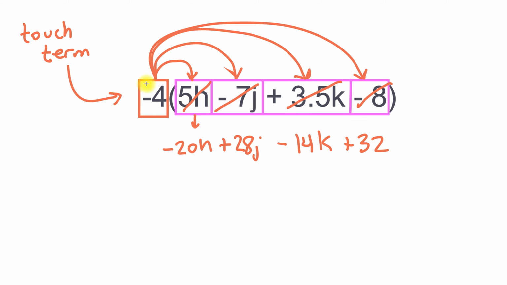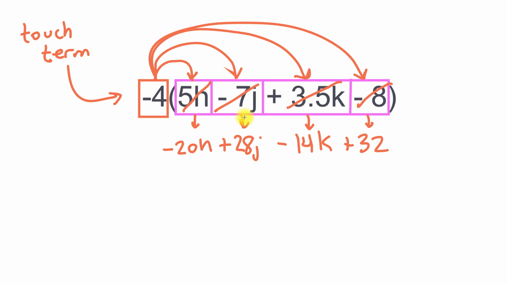We had negative 4 times negative 7j, that gave us positive 28j. Then we had negative 4 times positive 3.5k, and that gave us negative 14k. And our last distribution was negative 4 times negative 8, which is positive 32.